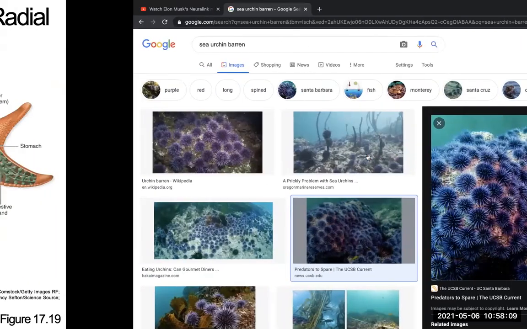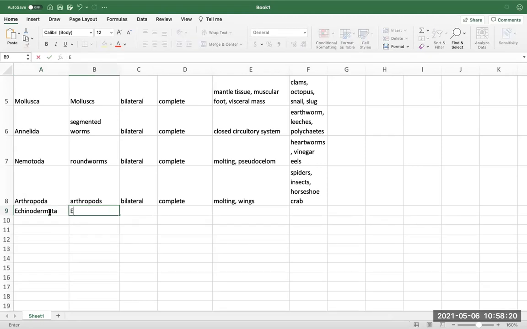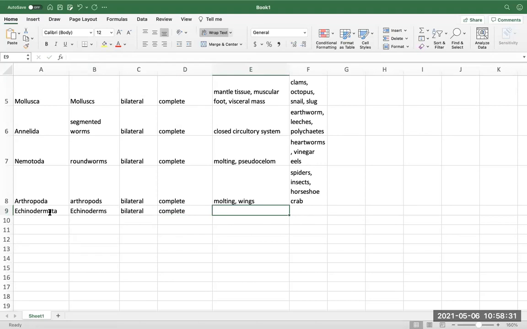So let's go ahead and continue filling out this table that we were filling out last time. This is Echinodermata. Echinoderms. Bilateral symmetry. Complete. And then some unique things. They have spiny skin. So echi means spiny, dermata means skin. And then maybe I could say body has 5 parts.